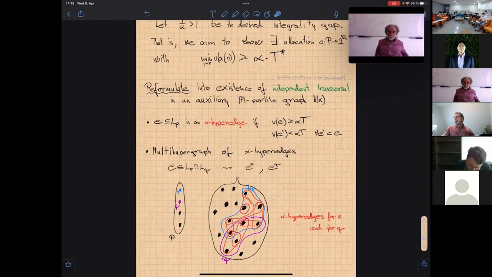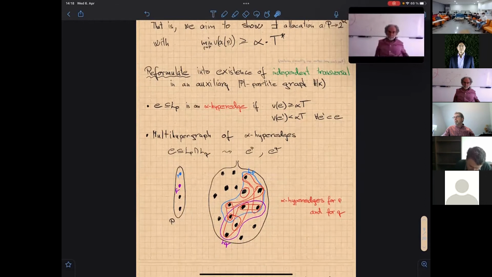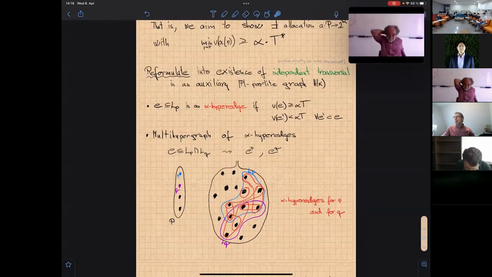So what I'm looking for is, here are the players, here is a sack, and here are two light sets of these two players, P and Q. And you can see in the red that these are the alpha hyperedges. These have value alpha t star, okay? And this is a multi-hypergraph.